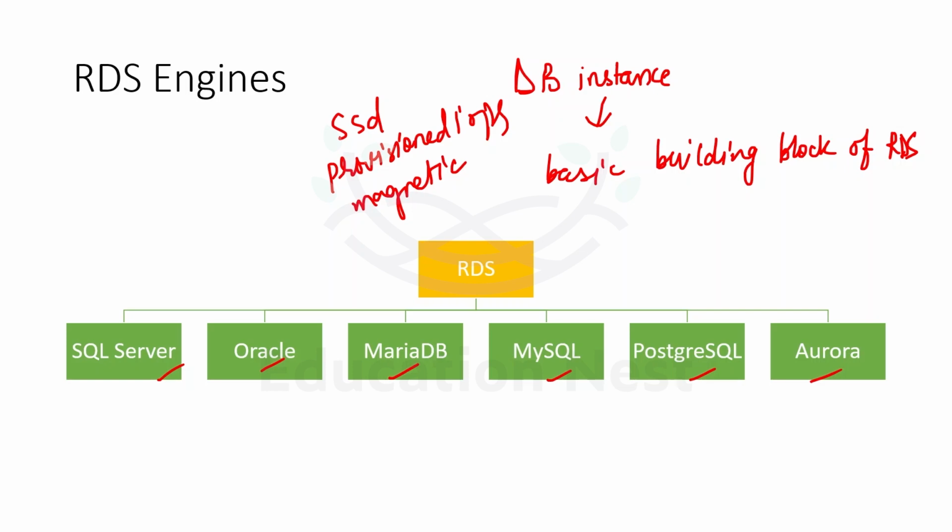Then after that we have MariaDB, right? In MariaDB as well, it is a fully managed service. It can run on the versions of MariaDB 10.6, 10.5, 10.4, 10.3. So 10.3 is soon going to expire in October 2023.